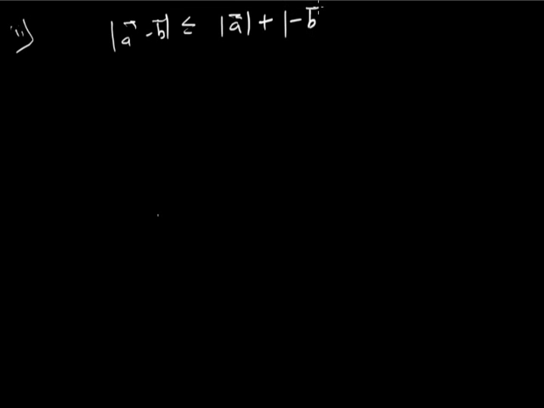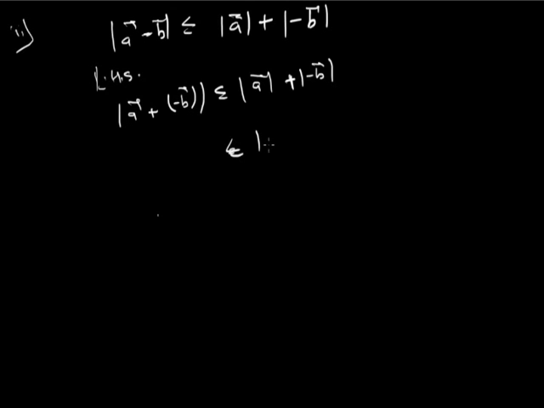We can write the right side as the magnitude of a vector plus minus b vector, because the magnitude of a negative quantity is always signless. On the left-hand side we can also write a vector plus minus of b vector, and the magnitude of minus b vector is equal to the magnitude of b vector. So this result is also true.